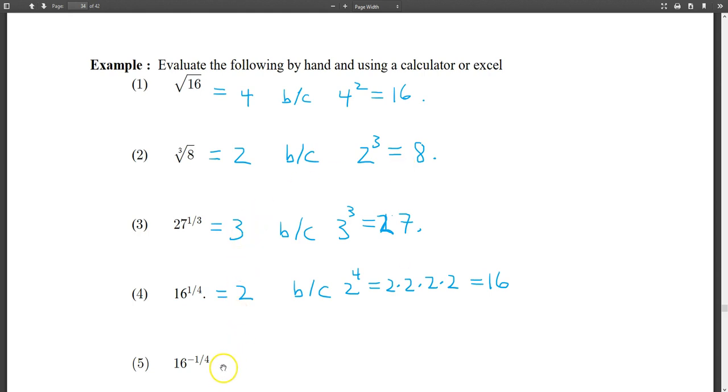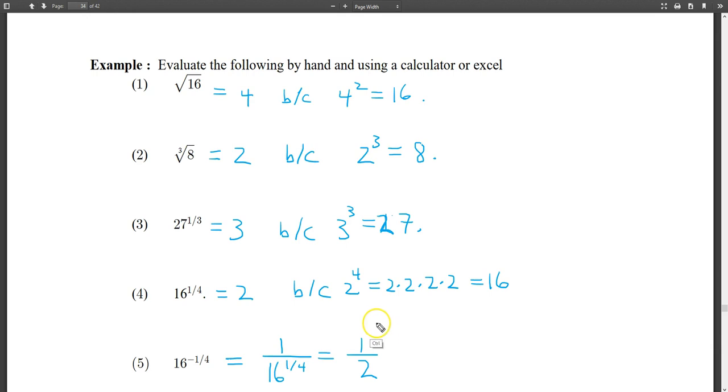What would 16 to the negative 1/4 be? Well, that's going to be 1 over 16 to the 1/4 power, and so that's going to be 1 over. We've already determined this is 2, so that's just going to be 1/2.